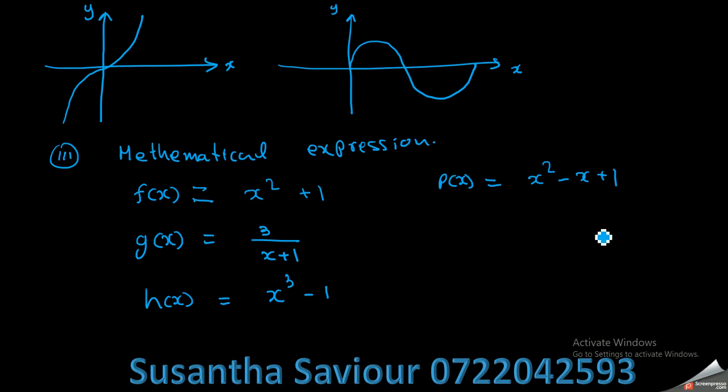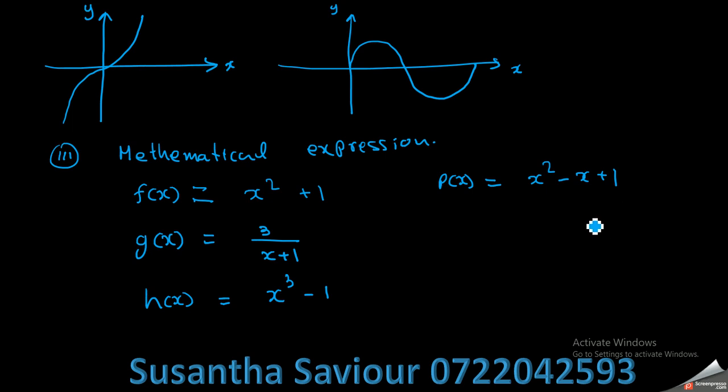All these are mathematical expressions which denote a relation. So a relation could be expressed by an ordered pair, a graph, and a mathematical expression.